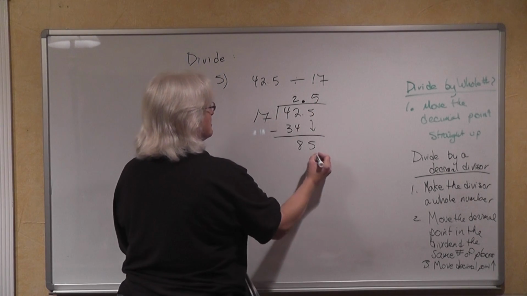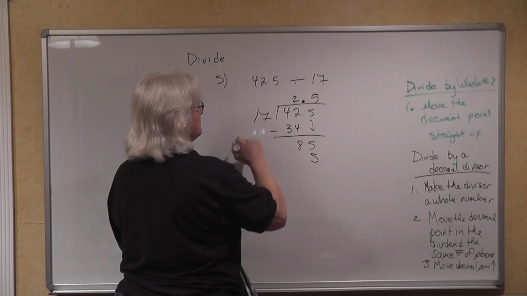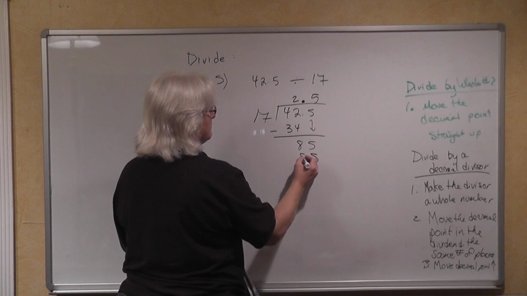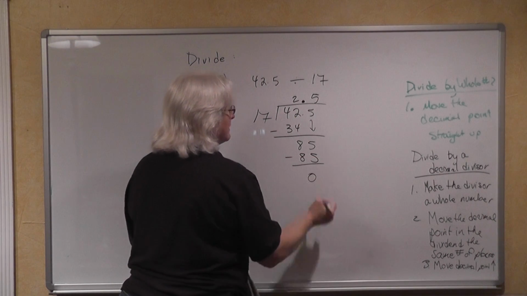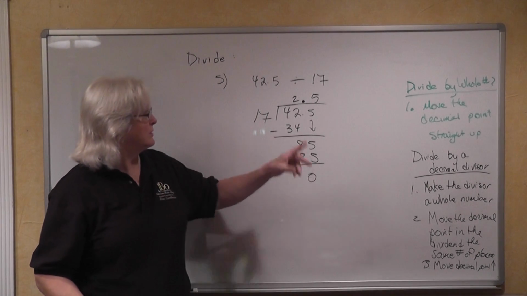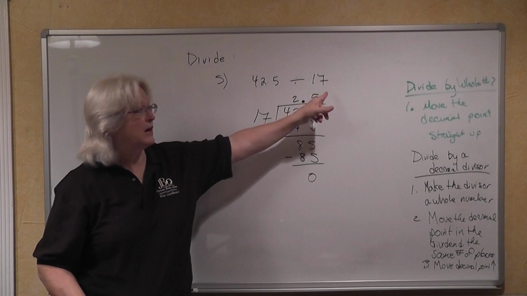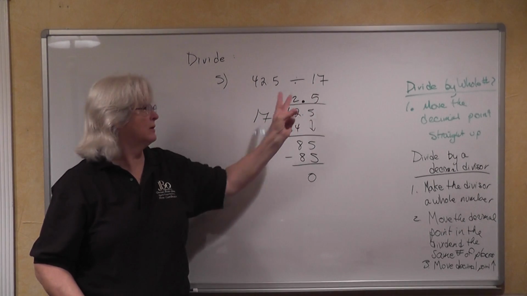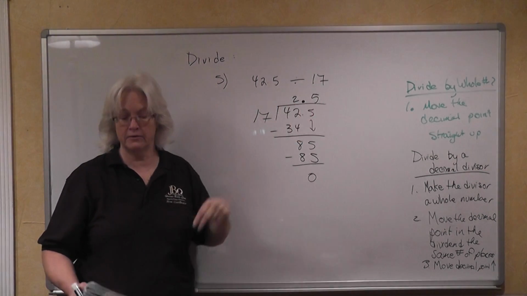Carry 3, 5 times 1 with the 3 that we've carried is 85. We have a remainder of 0, and our division is completed. 42.5 divided by 17 is 2.5.